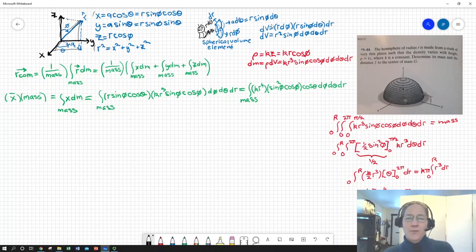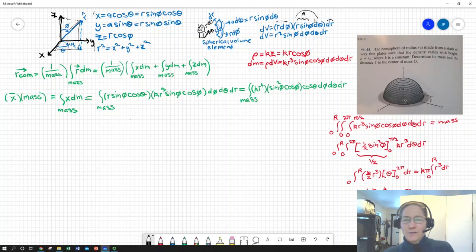So we end up with a volume element that's r d phi times r sine phi d theta, times dr. So this is one dimension of our little volume element. This is another dimension, and that's another dimension.